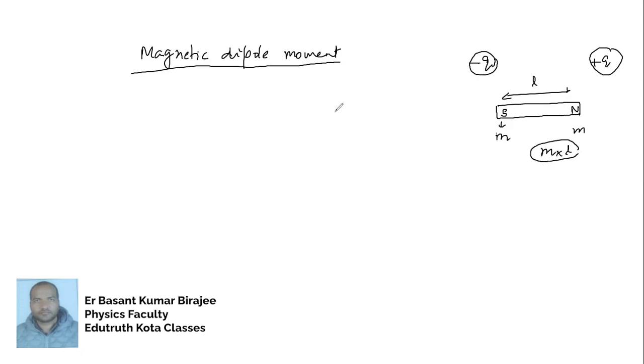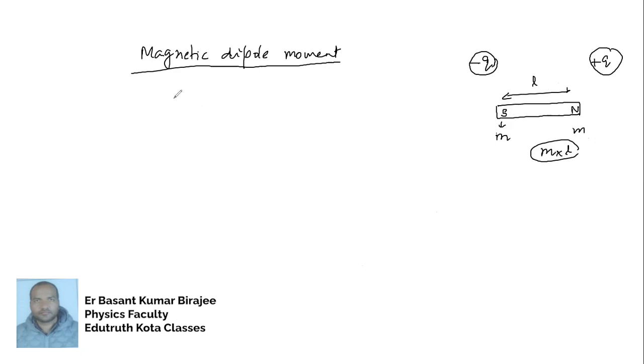But what about the magnetic dipole moment in the case of a current carrying loop? We have to study that one. In the bar magnet, it was pole strength times the distance of separation between the north pole and the south pole.